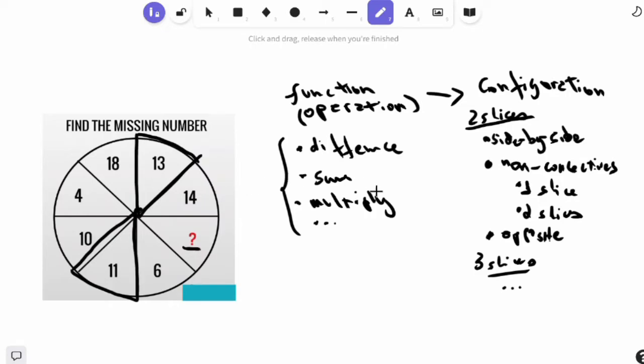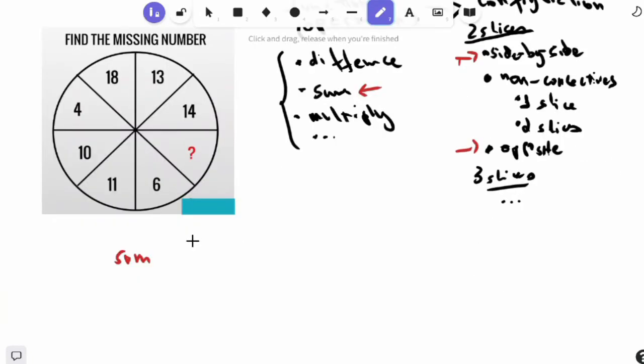What's the simplest operation that we have? The simplest operation that we have is just the sum, on the side-by-side slices and the opposite slices. So let's pick here two slices, the 13 and the 14.